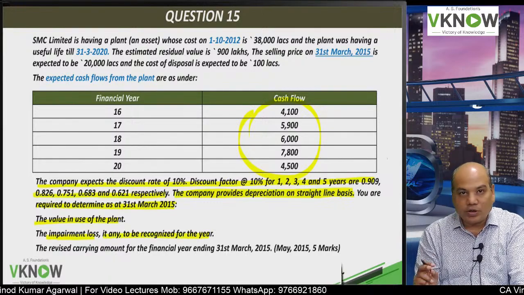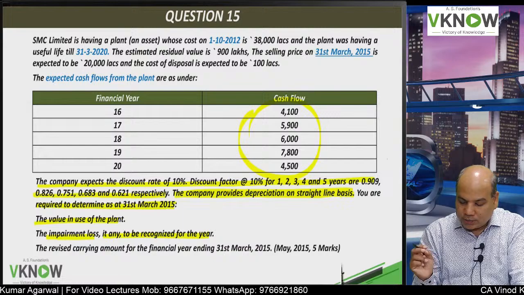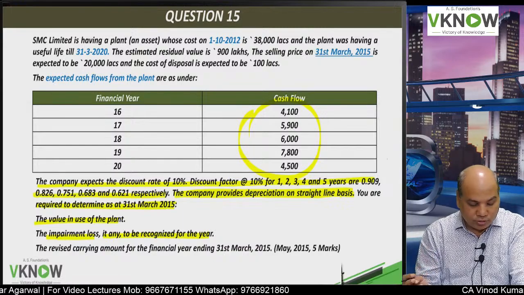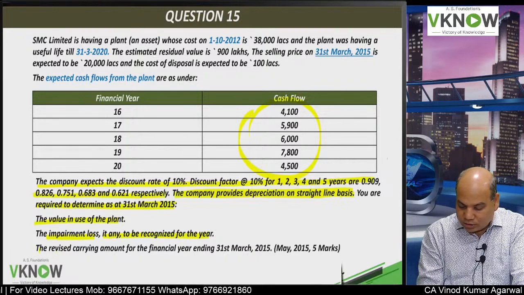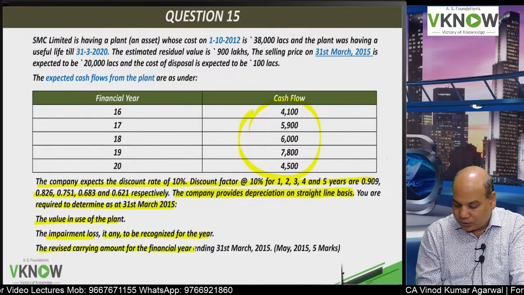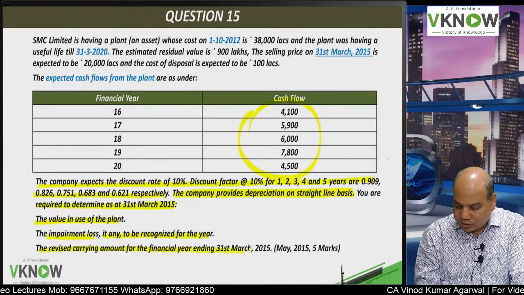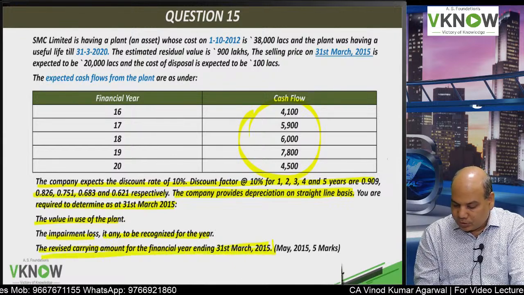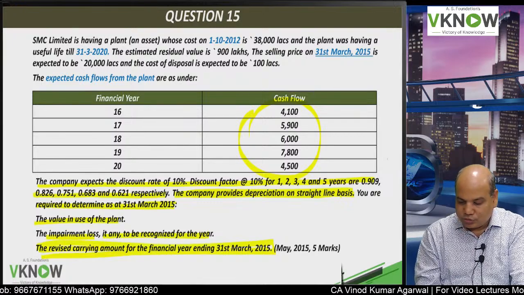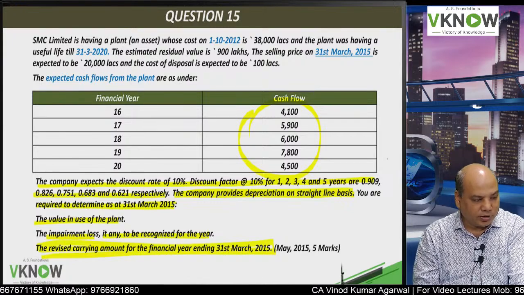So we'll have to find out the carrying amount, compare with recoverable amount, then decide to provide impairment loss, and the revised carrying amount for financial year ending 31st March 2015.